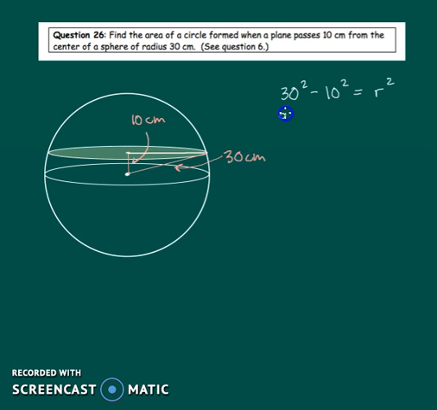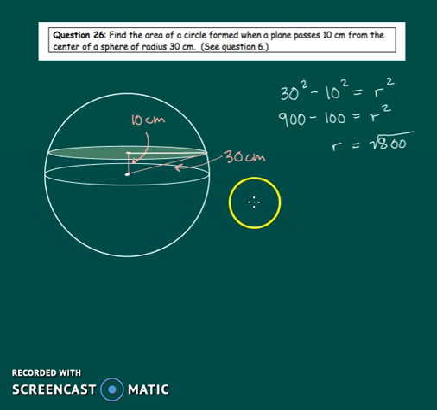So that makes 900 minus 100 is our radius squared, and what we will get by taking the square root of both sides is the square root of 800, and I'm going to leave that in square root form for a second, and you'll see why it's not necessary to find a decimal approximation actually.